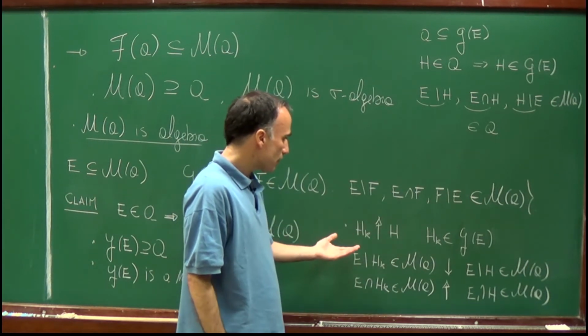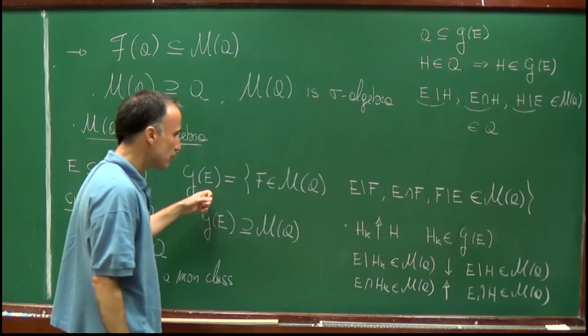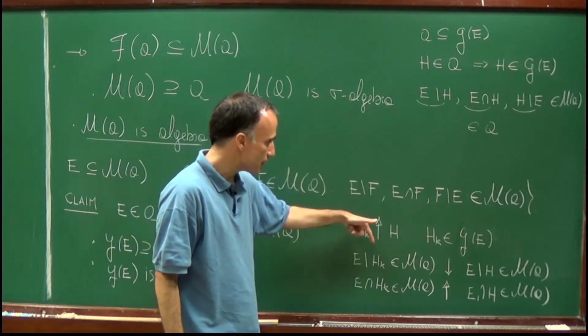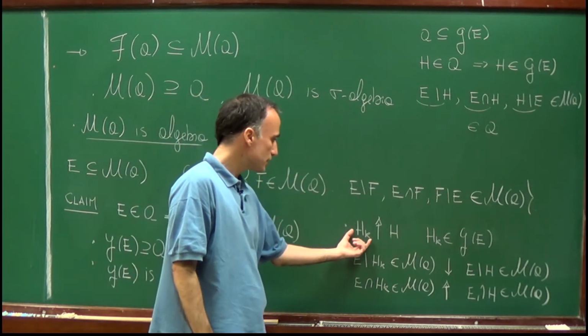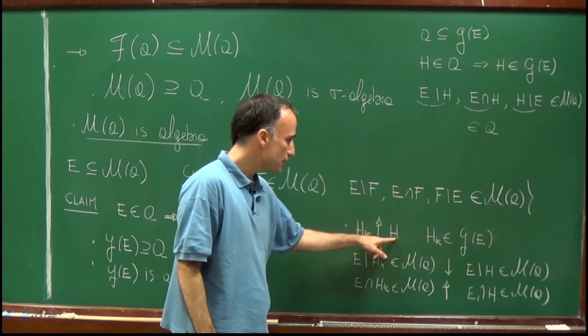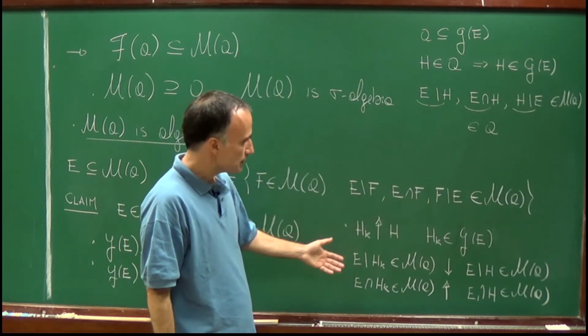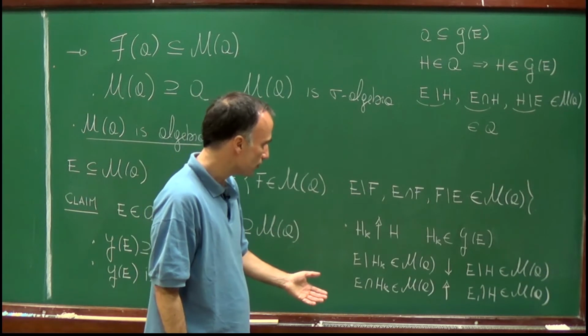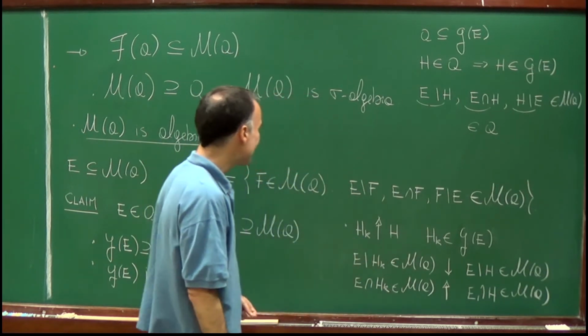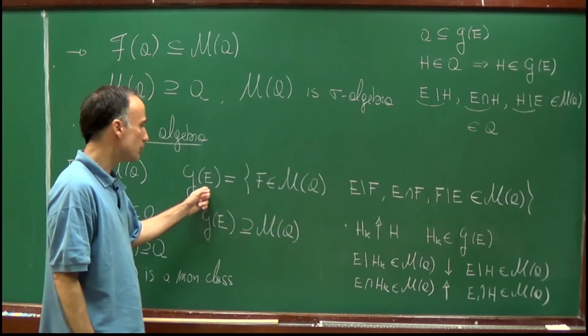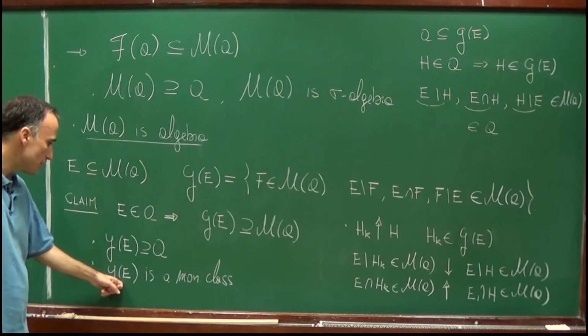A similar argument shows that G of E is closed under decreasing sequences. You can consider a sequence H_k decreasing to H, and repeat arguments very similar to those which I just presented to conclude that H also belongs to G of E, which proves that G of E is a monotone class.